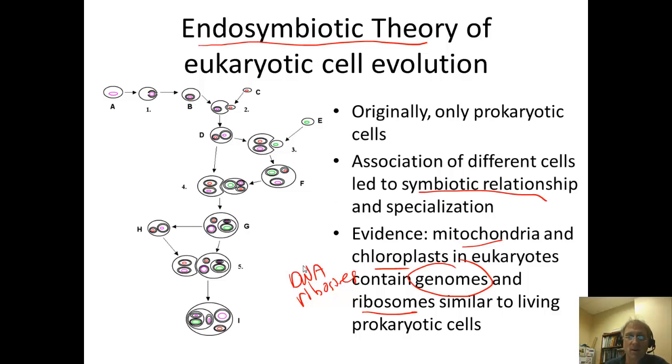And in fact, after we sequence the DNA genomes in mitochondria and chloroplasts, we can identify living prokaryotic cells that genetically very closely resemble the DNA that we find in mitochondria and chloroplasts. And so it's these pieces of evidence that we use to support this idea that eukaryotic cells, the cells that we find in human beings, have arisen during the course of evolutionary development by the association of prokaryotic cells, leading to a symbiosis that's absolutely dependent upon one another.